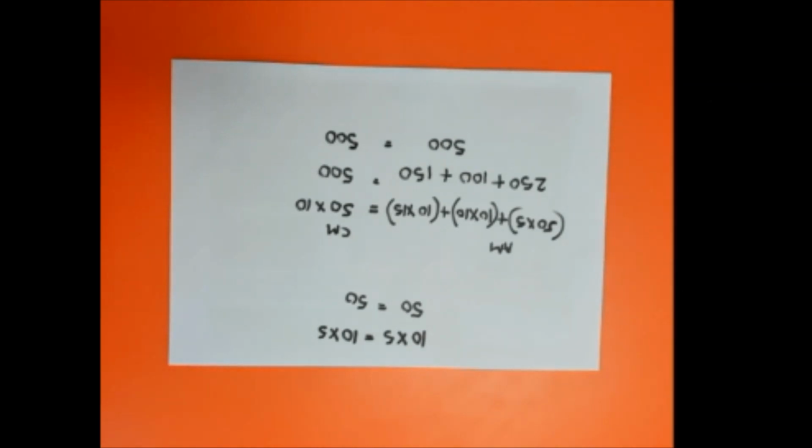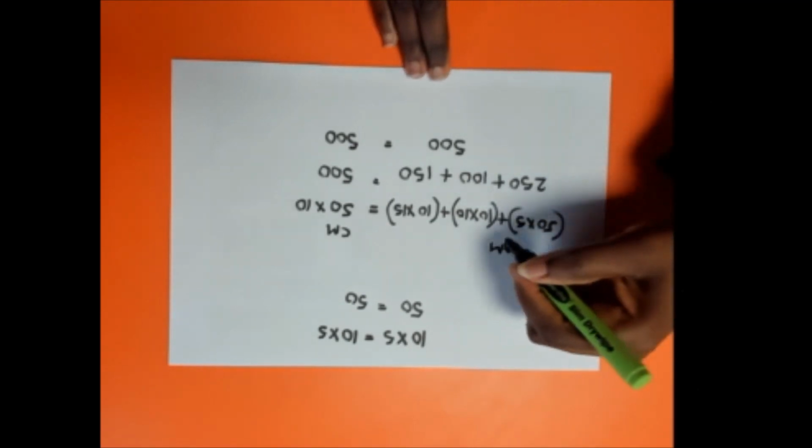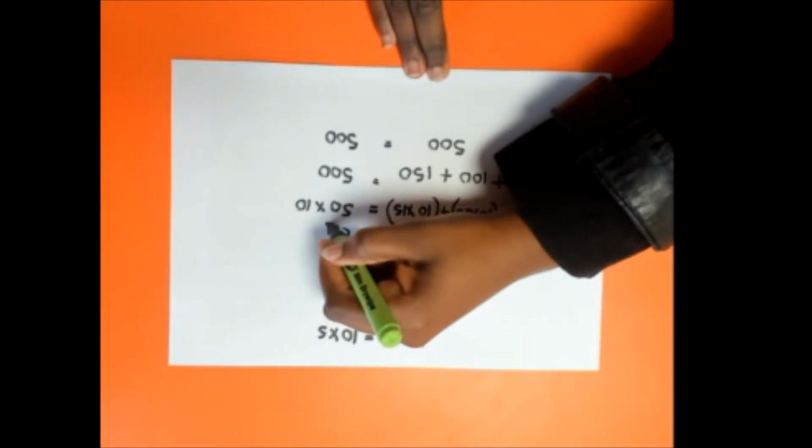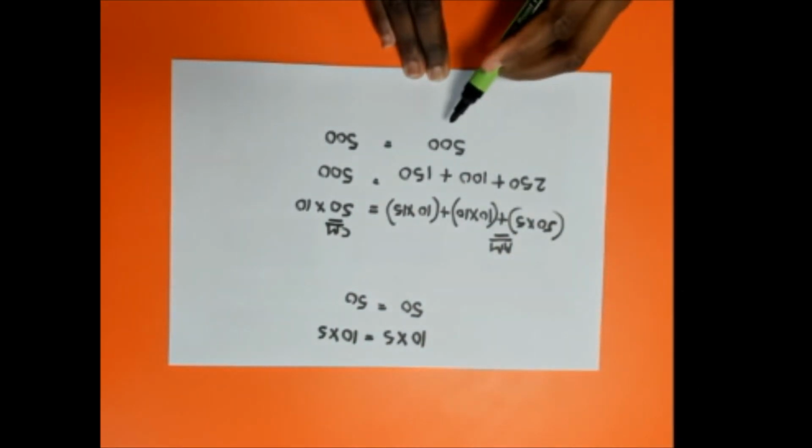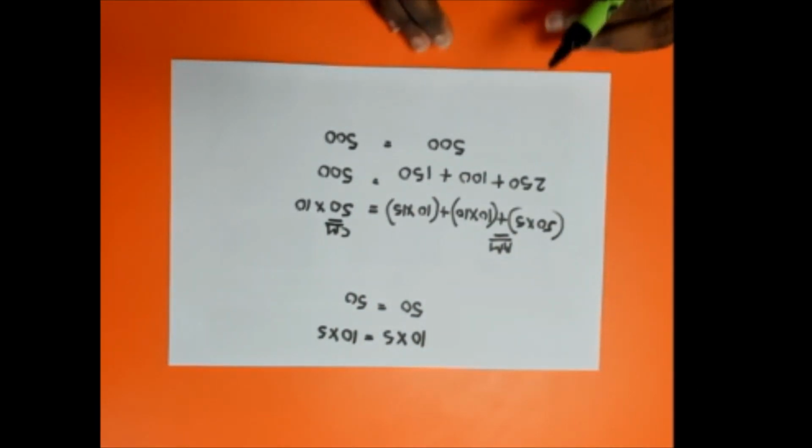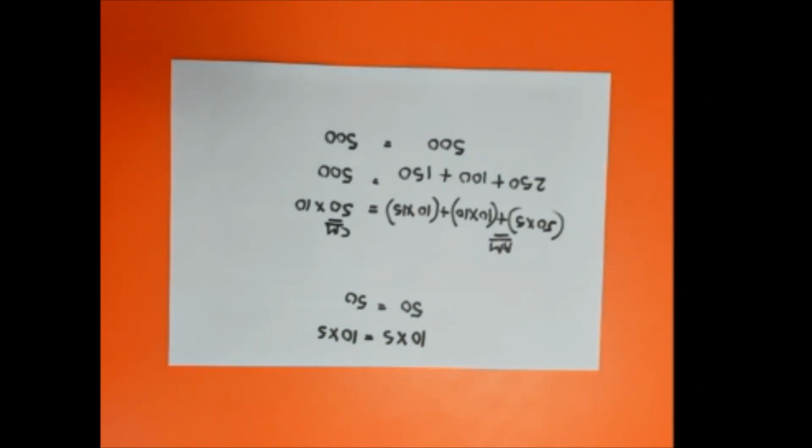And so we could use that experiment to prove the principle of moments, because the sum of the anti-clockwise moments on one side was equal to the sum of the clockwise moments on the other side.